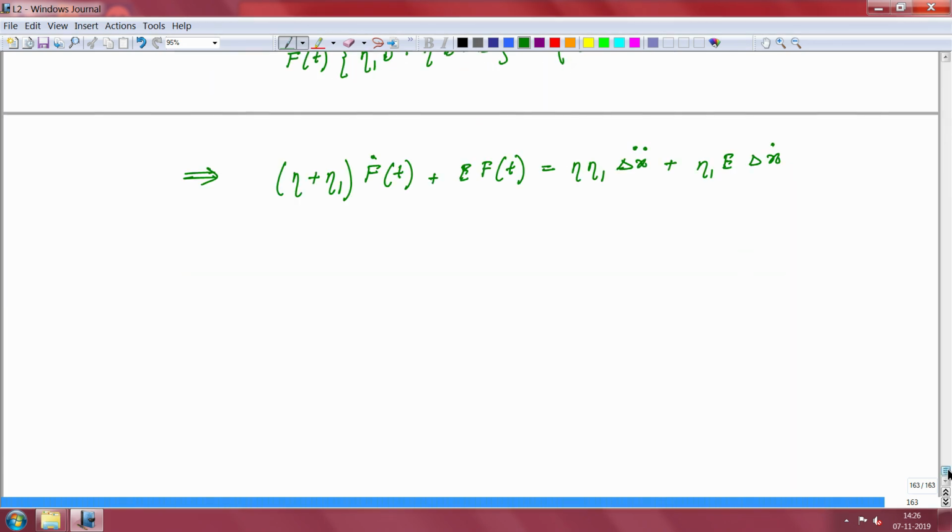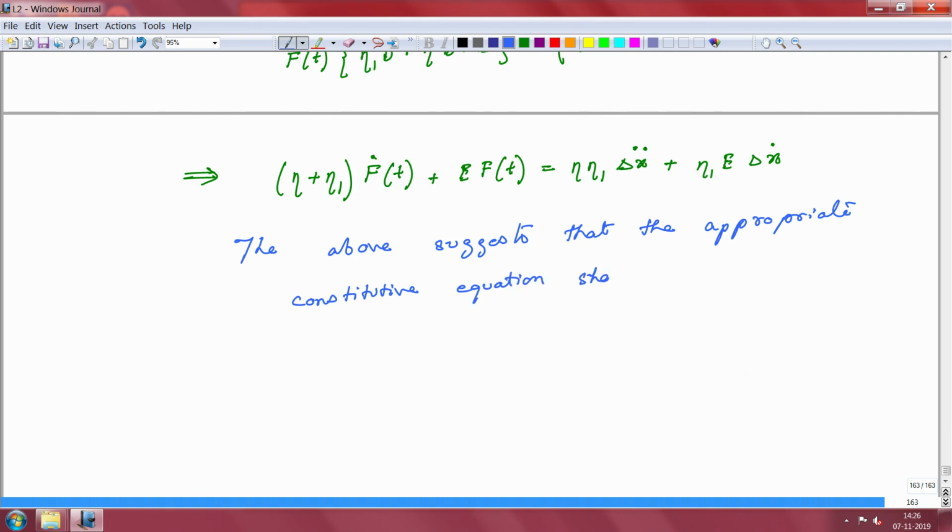So, the above suggests that the appropriate constitutive equation should take the form, and then we are just going to create an equivalent system where we say okay, so this basically suggests that your stress strain relationship can be given by E times sigma, and on this side we have eta eta 1 epsilon double dot plus eta 1 E epsilon dot.